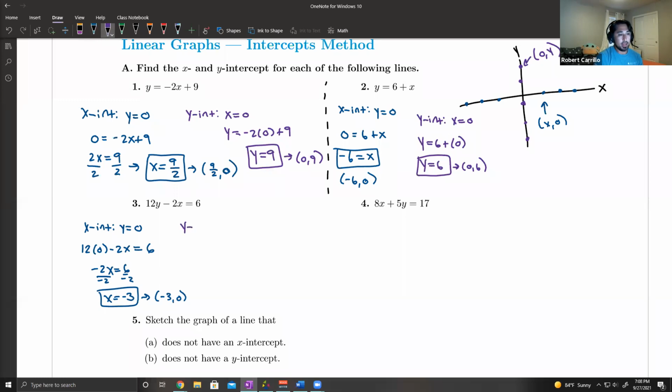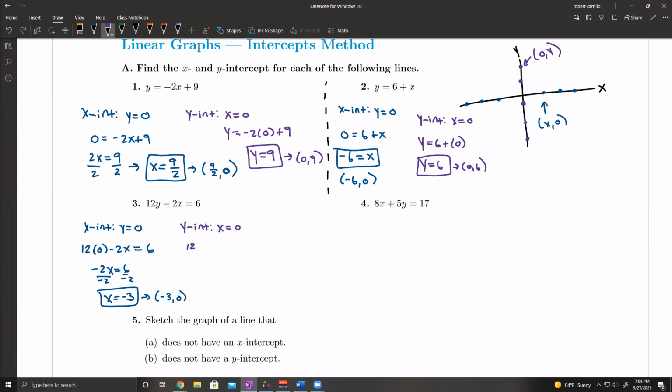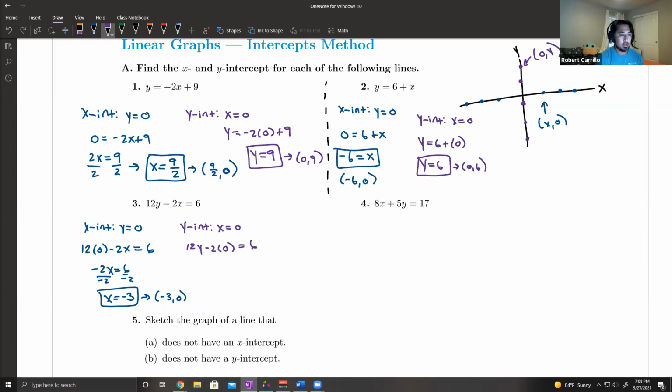And then do a y-intercept where you let x equal 0 and plug in 0 for x. 12y minus 2 times 0 equal to 6. 2 times 0 is 0. So you get 12y equal to 6. Divide by 12.